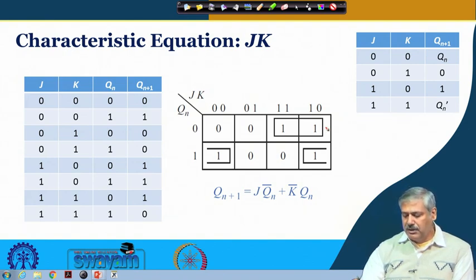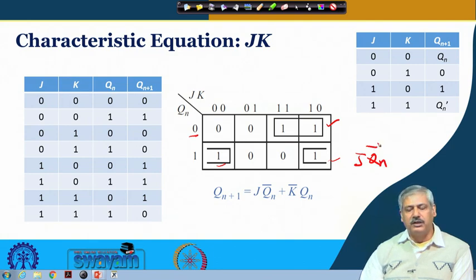So, this is one group which is covering these 2 ones, and this is another group which is covering these 2 ones. And what we see here is that Qn is remaining constant at 0 and J is remaining constant at 1. So, J Qn bar will be one product term, which will represent this group, and this other group will be represented similar to what we had seen in the previous case.